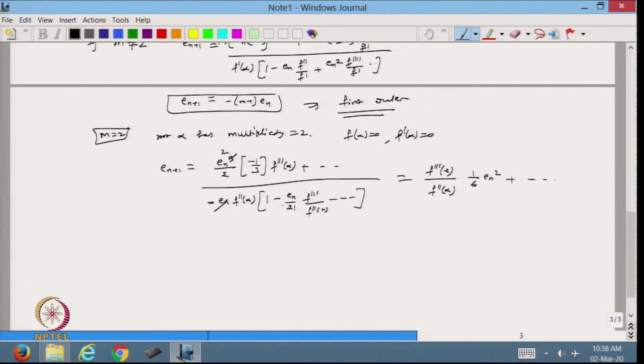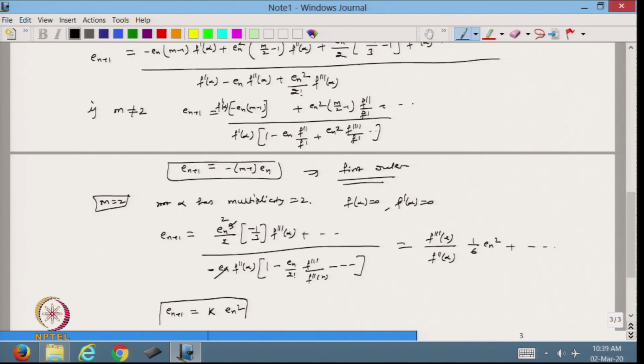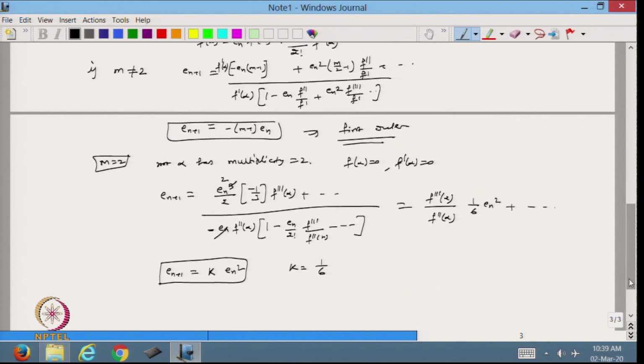Ignoring the higher powers of E n more than cube, you can see that my least power will be E n square, and I can write that this is equal to k E n square, where k is equal to 1 by 6 f triple dash alpha by f double dash alpha.